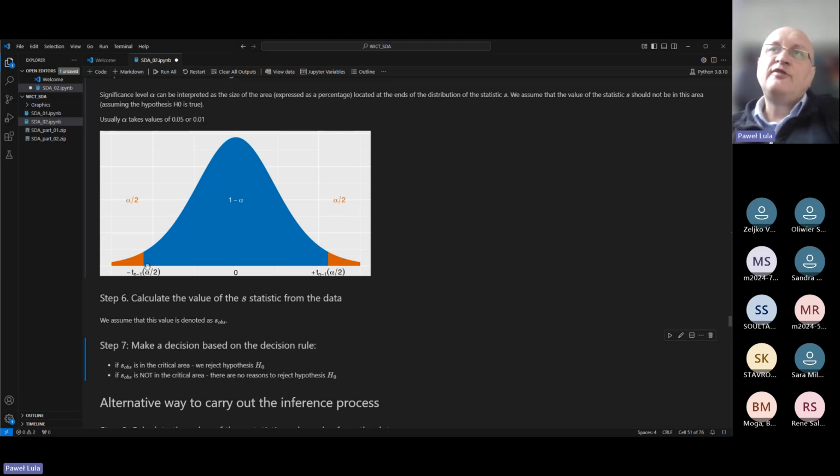If it is not in this area, so it is in the blue area, we have no reasons to reject the zero hypothesis.